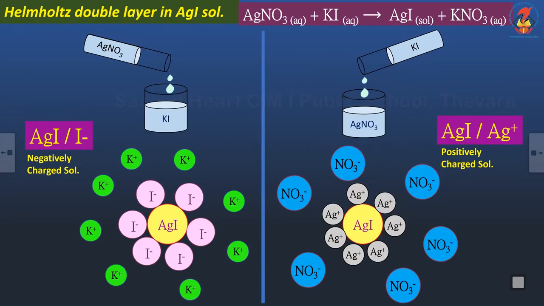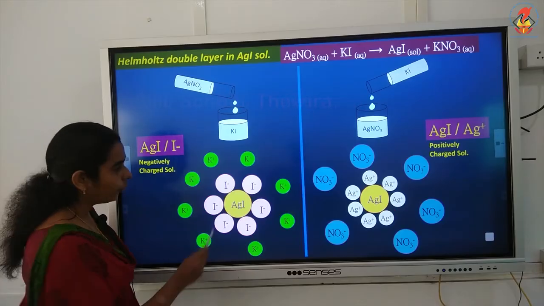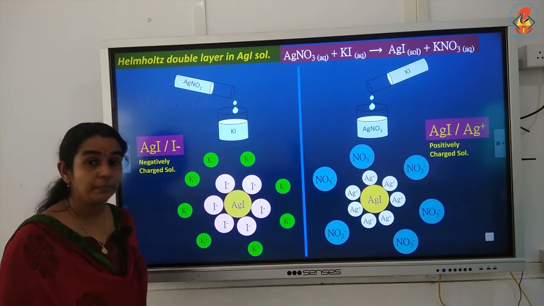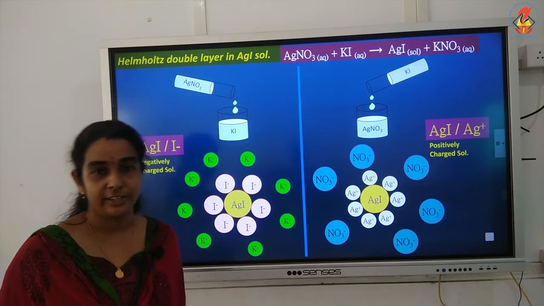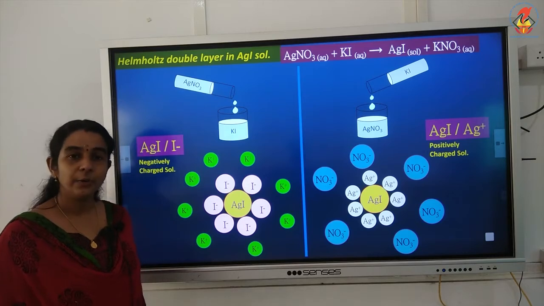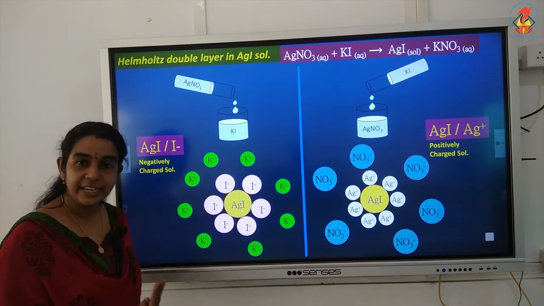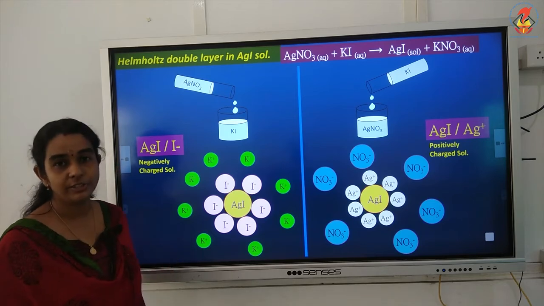Potassium iodide has I minus, AgI also has I minus. So this AgI precipitate will adsorb the common ion, that is I minus, from the medium, so that it becomes negatively charged. Did you understand how it became charged?